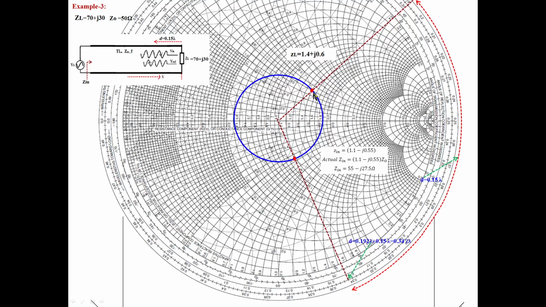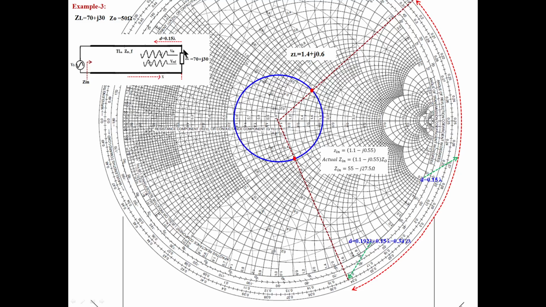So you mark it on the Smith chart: the 1.4 resistance circle and the 0.6 reactance circle. They intersect here, we mark that point, and we have drawn the VSWR circle. This is the VSWR circle now.